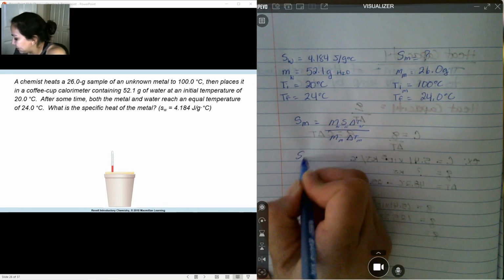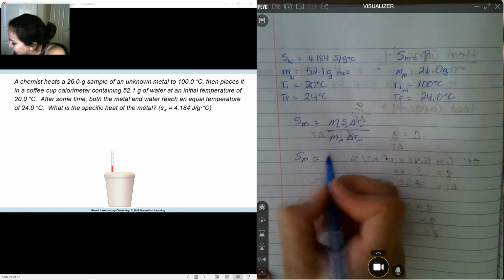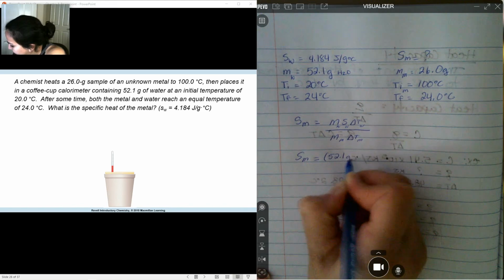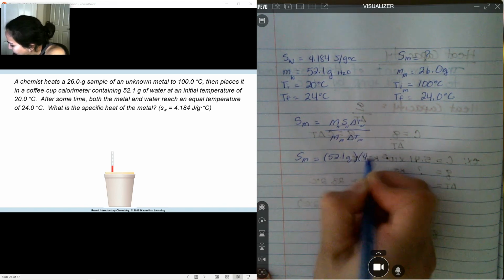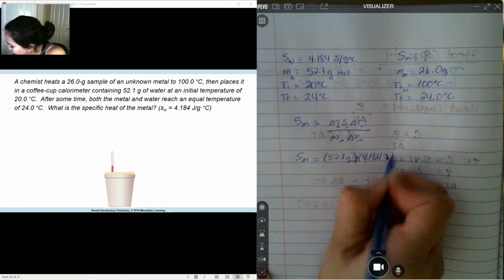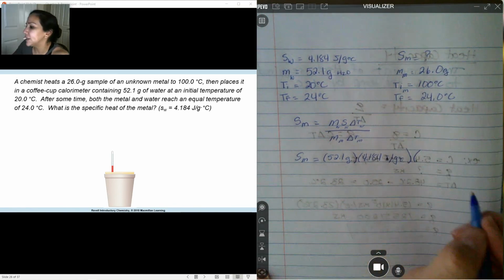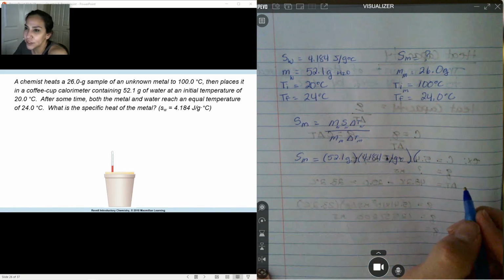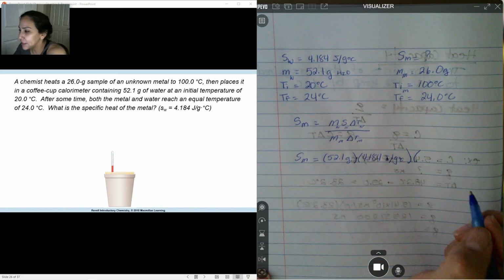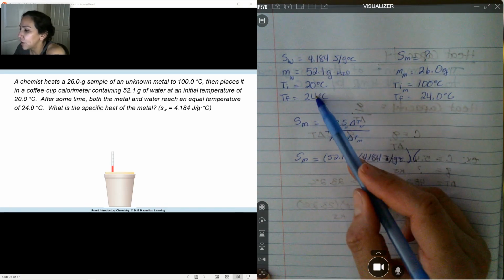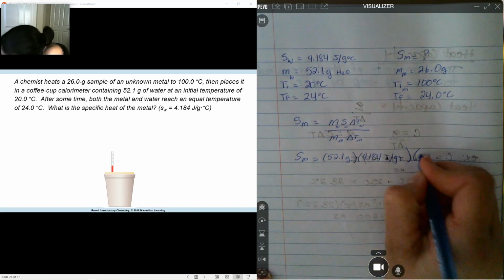So the specific heat of the metal is equal to everything we just found out about water, 52.1 grams times 4.184 joules per gram degrees Celsius. Make sure you put your units down because that allows you to figure out if your units could actually cancel out, if you're missing a step, or if you do something wrong. All right, our delta T, our change in temperature of water, is 24 minus 20.